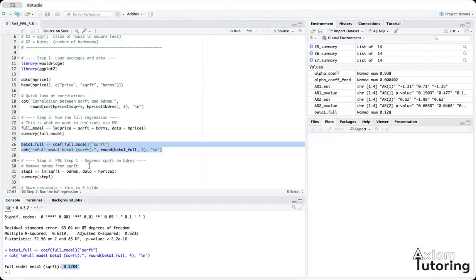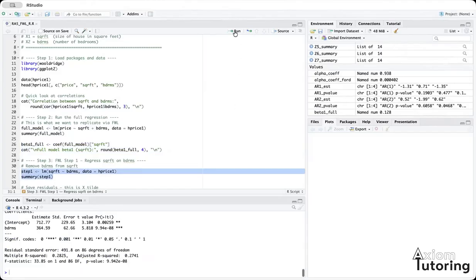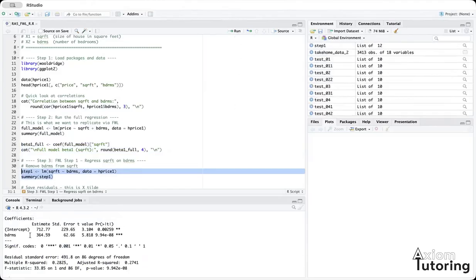The first step of the residualization would have been to residualize x1, which is the surface area, on the number of bedrooms. This regression would have given us an intercept of approximately 364.